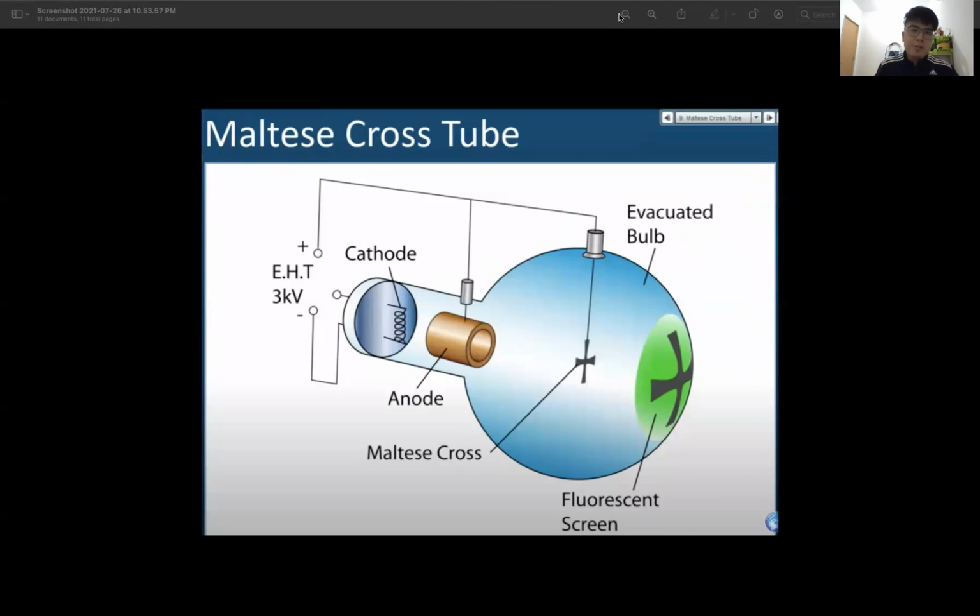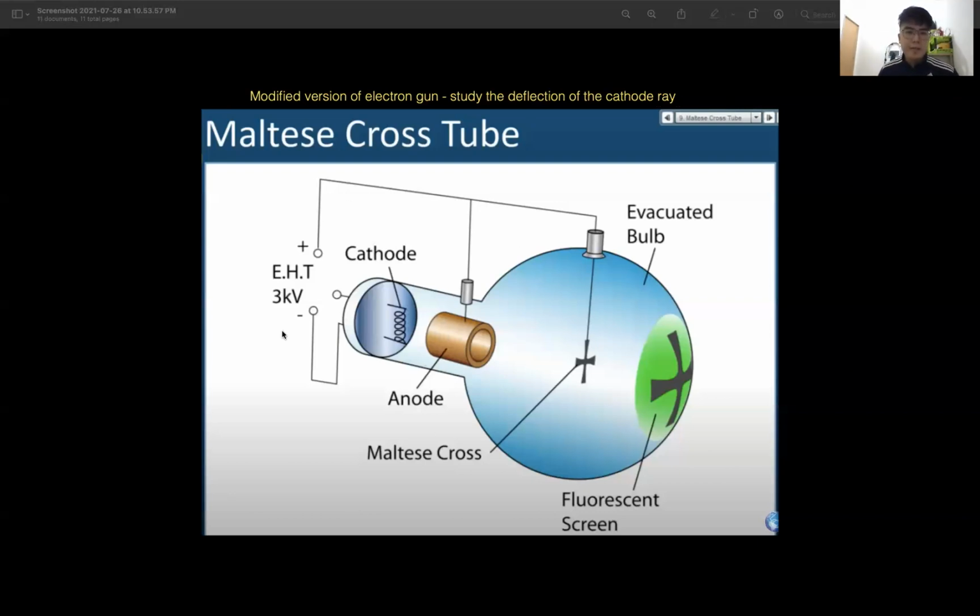It's like a modified version of the electron gun. The Maltese cross tube has only one function, which is to study the deflection of the cathode ray. So if the question asks what the Maltese cross tube is used for: study the deflection of cathode ray.